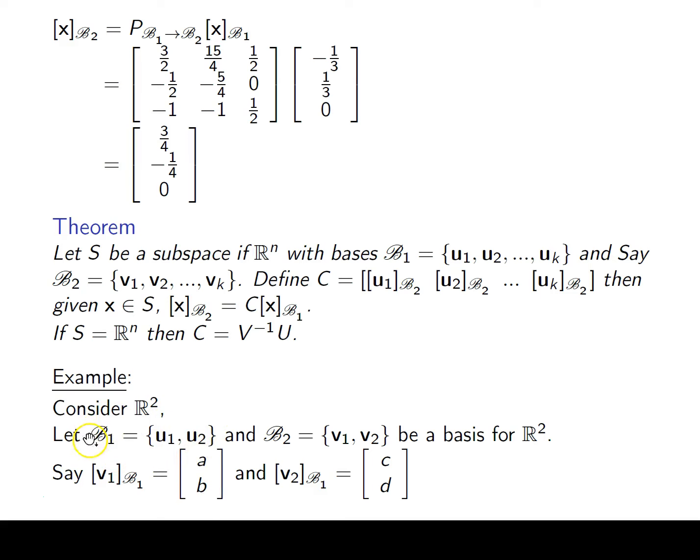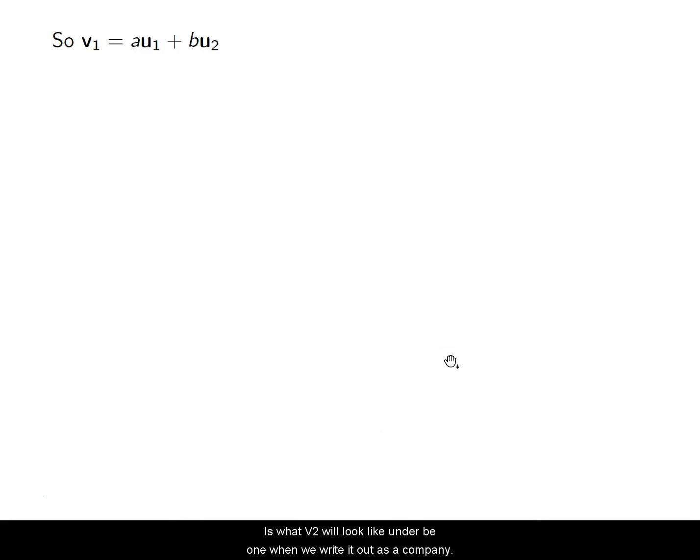Remember, your representation under a basis is just a linear combination of the respective elements. So A times the first column vector, B times the second column vector. We'll do that for V2 also in B1. That should be C times U1 and D times U2. So C times U1 and D times U2 is what V2 will look like under B1 when we write it out as a combination.